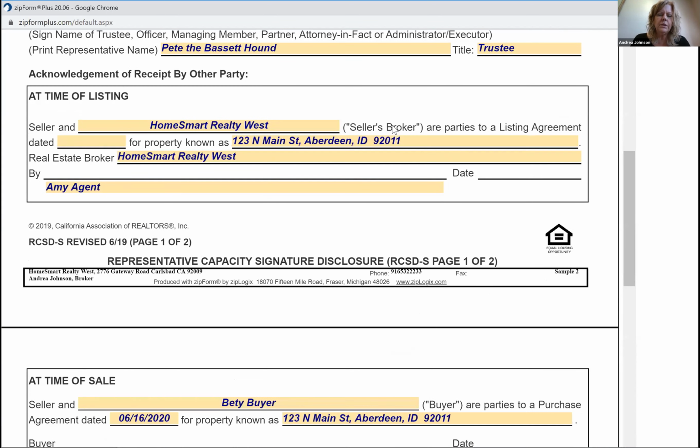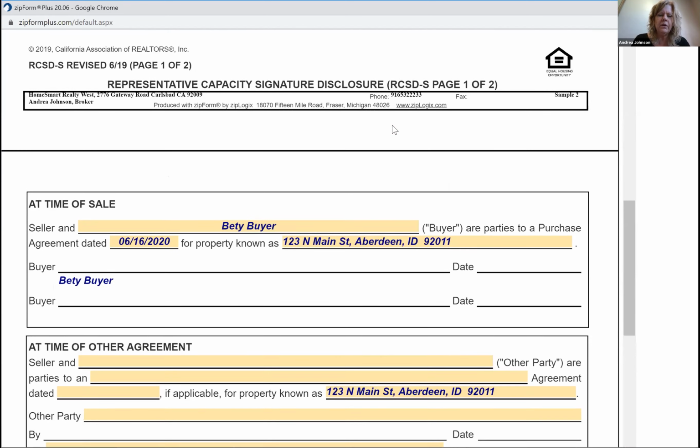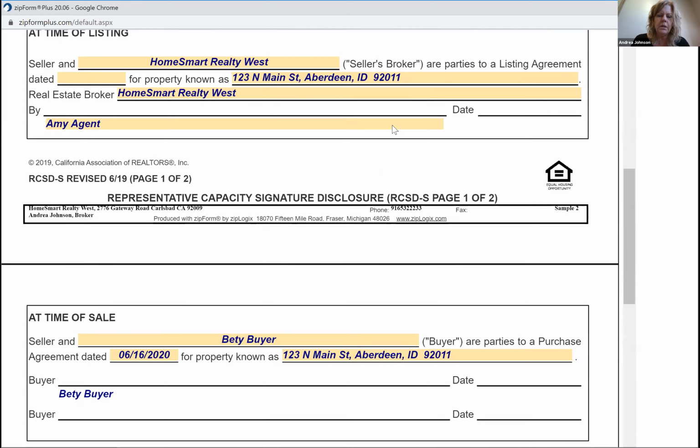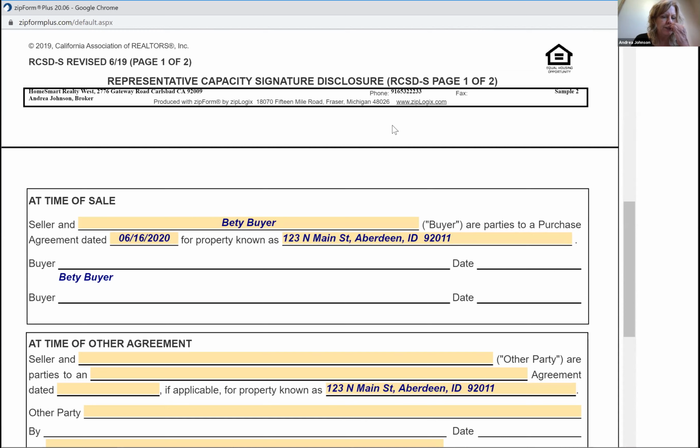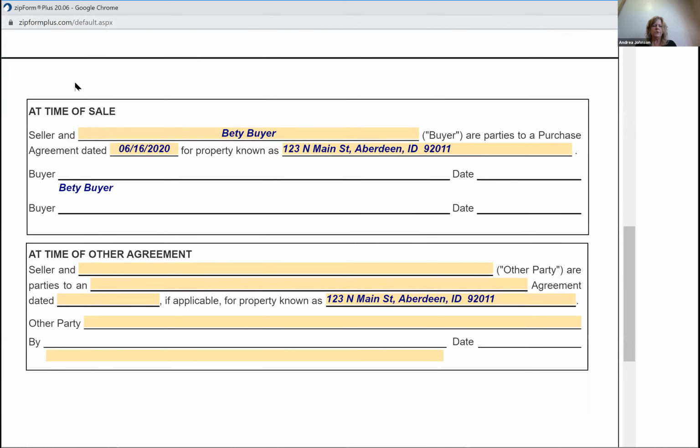Now, that's all you do at the time of the listing. Now, when you have a sale, you can use the same document to forward to the buyer side. And then buyer will also be signing that they've received a notice of this representative capacity signature disclosure.